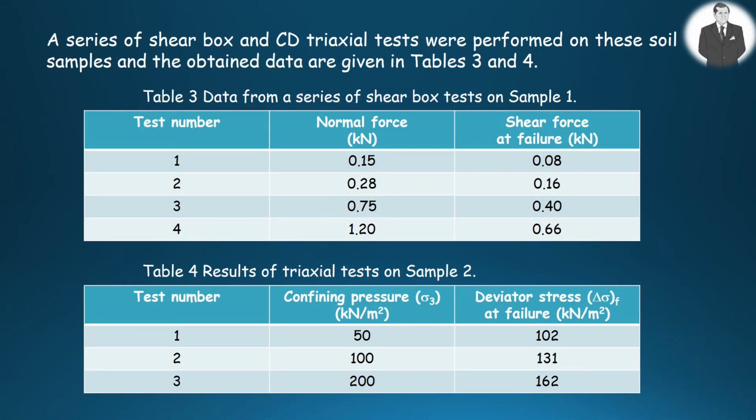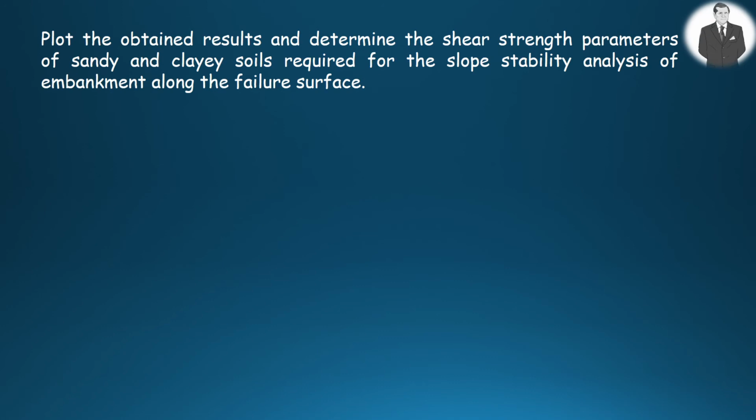A series of shear box and consolidated drained triaxial tests were conducted on these soil samples, and the acquired data are presented in tables 3 and 4 as follows. Now, you are asked to plot the obtained results and determine the shear strength parameters of sandy and clay soils needed for the slope stability analysis of embankment along the failure surface.